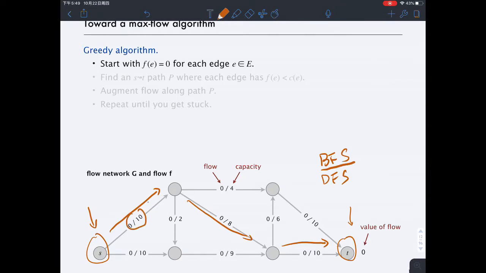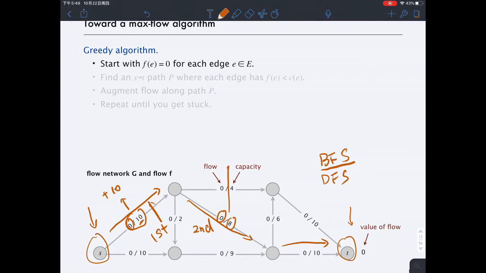Because in the beginning we are not sending any flow at all, the next thing we need to do is to calculate the additional flow we can send for each of the edges, right? If you look at the first edge, as I said, we start with empty flow, whereas the capacity limit here is 10. So that means that we are able to send 10 units of flow along this path, right?